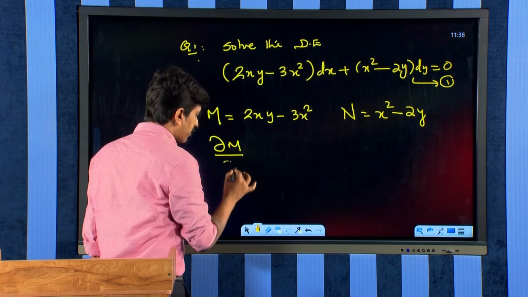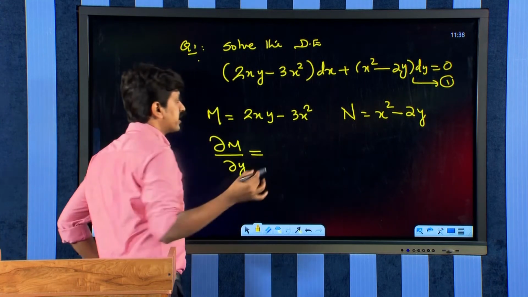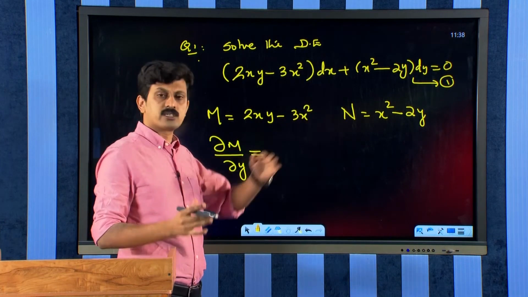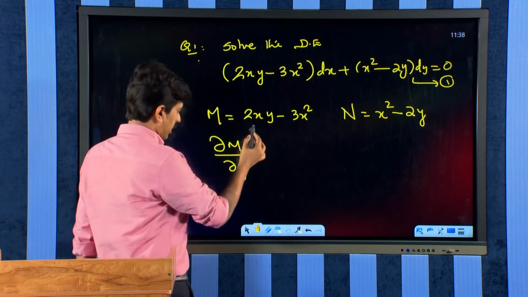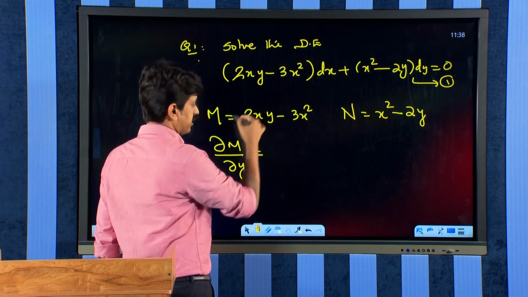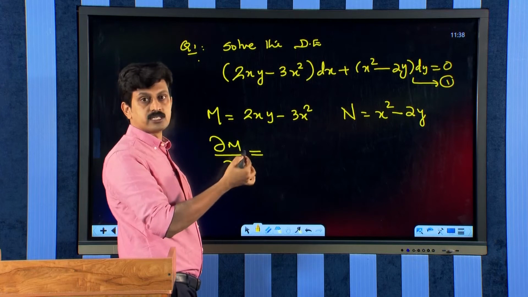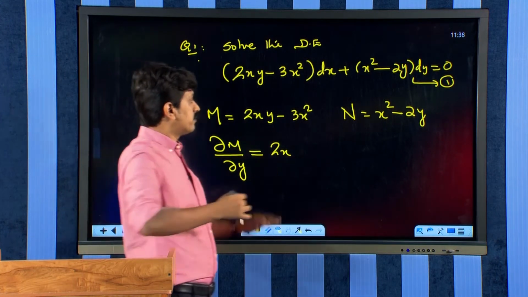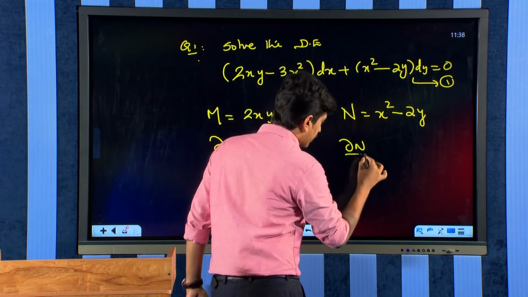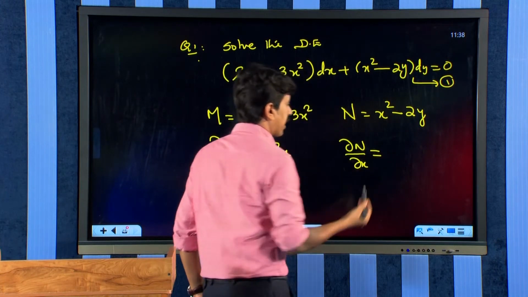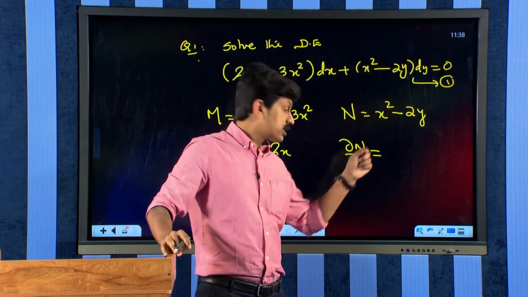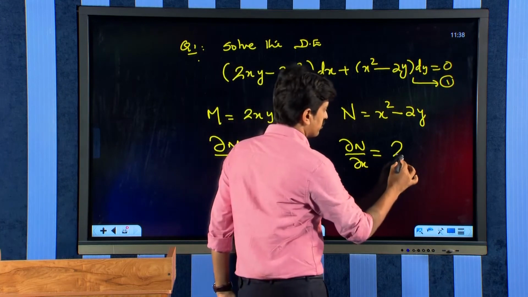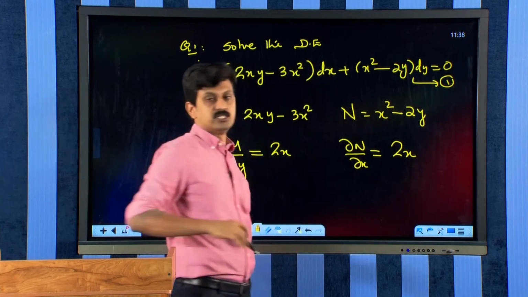While finding it, we partially differentiate M with respect to y. The x square term is a constant term, so it will be 0. We consider only 2xy, and partially differentiating gives 2x. Similarly, dou N by dou x: we partially differentiate N with respect to x, so the derivative of x square is 2x, and the derivative of 2y is 0.